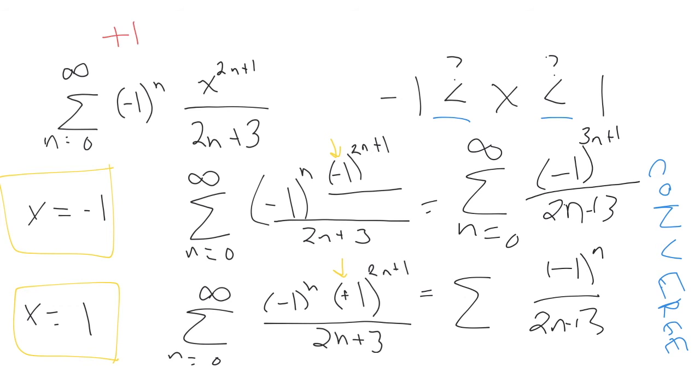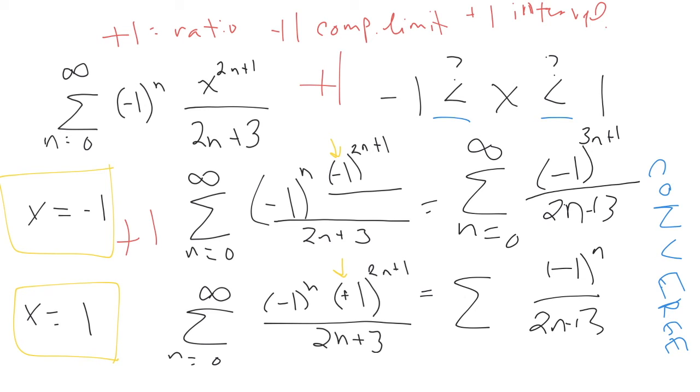So you have +1 for setting up the ratio, either in your limit or separately, that's fine. +1 for computing your limit, great. +1 for the interval, and then +1 for considering these endpoints, and then +1 for explaining this.